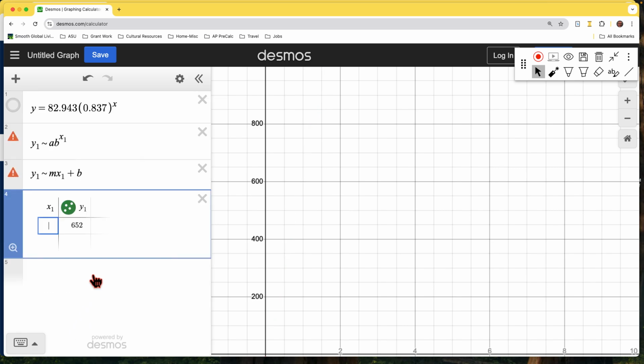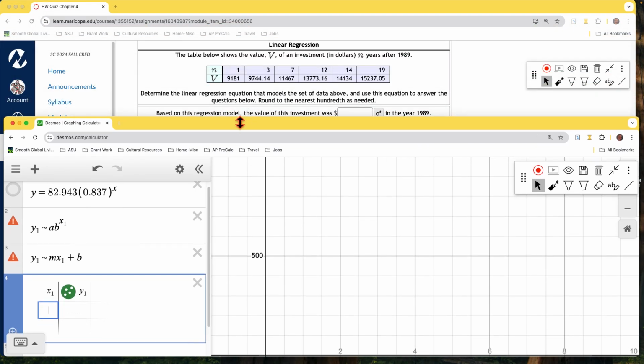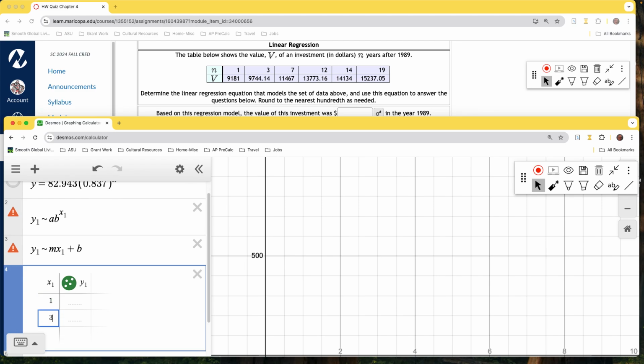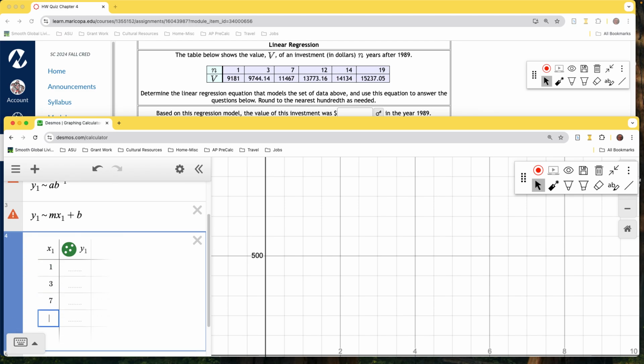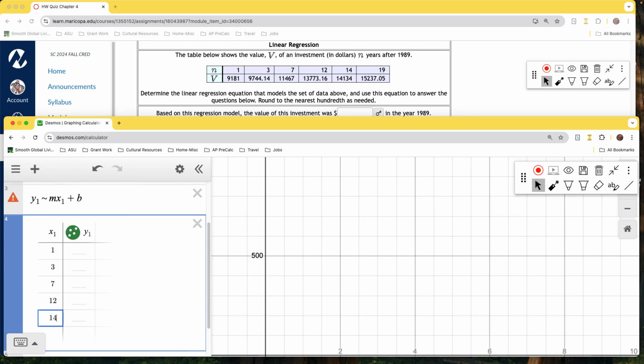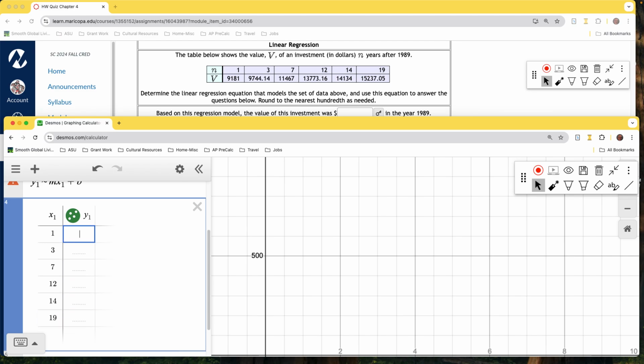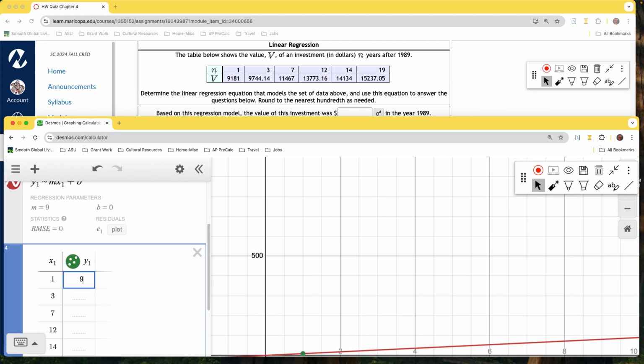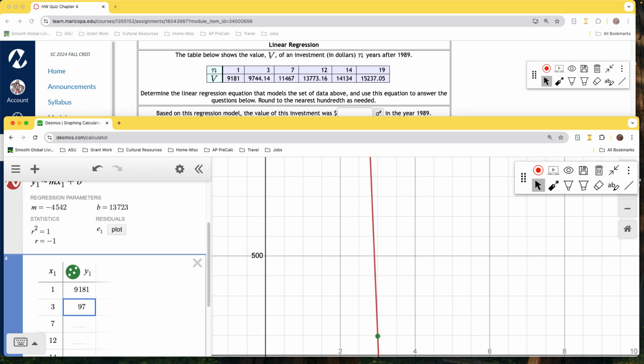So I just find it easier to put in new data. And we put in our data. X is the years 1, 3, 7, 12, 14, and 19. And then I come back and put in the y values, 9,181. And again, if you're doing your quiz, you might have different numbers.